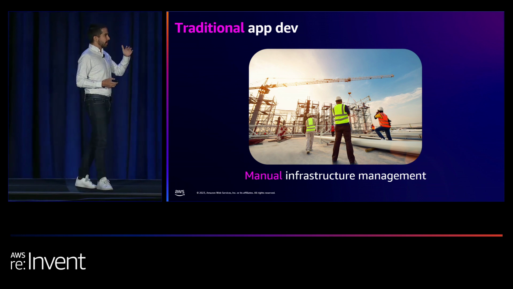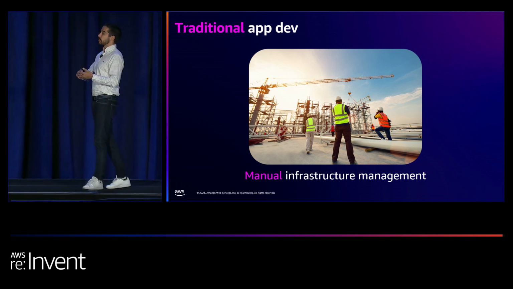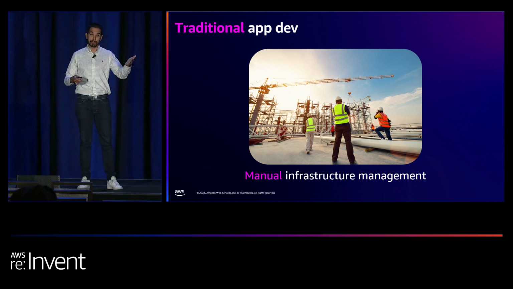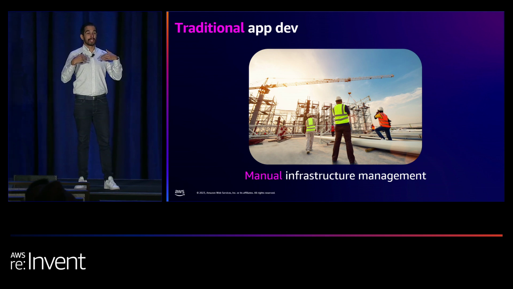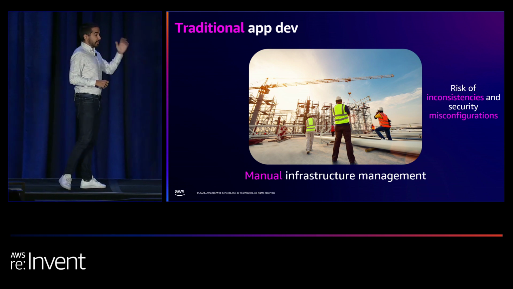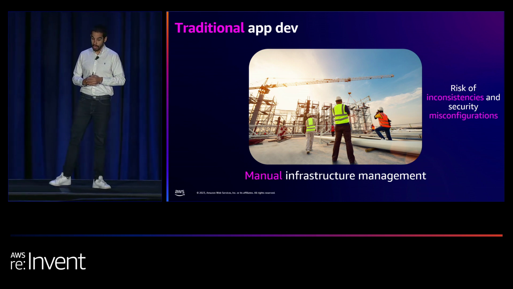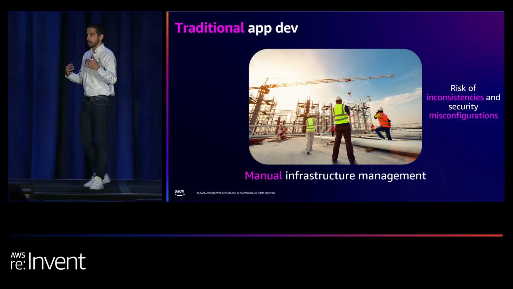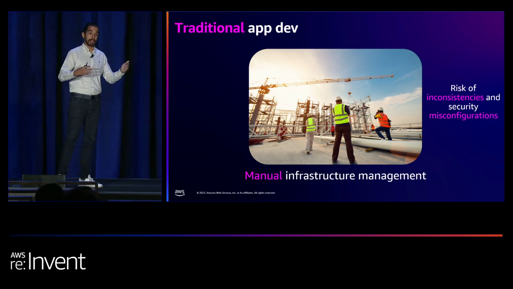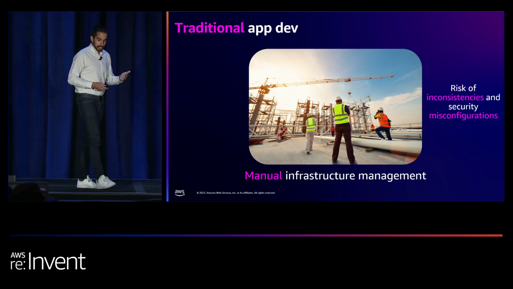And as we know, with all things manual, it leads to increased errors, to inconsistency across the environments, and at the end of the day, longer times to deploy the infrastructure, right? From the security perspective, this inconsistency can lead to errors or misconfigurations that cause environments to be different, and maybe some of those inconsistencies might cause it to be insecure.